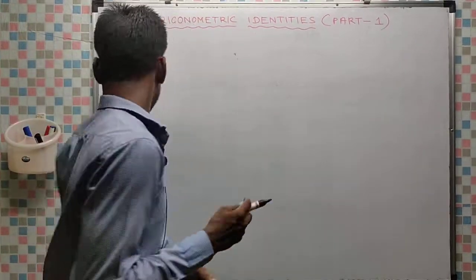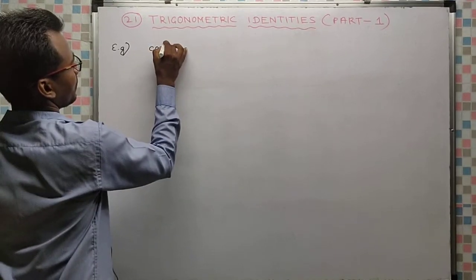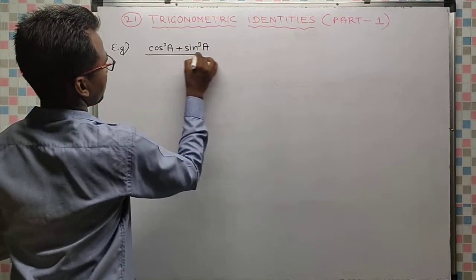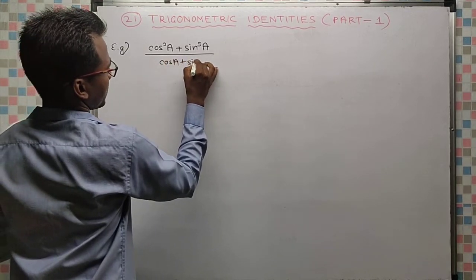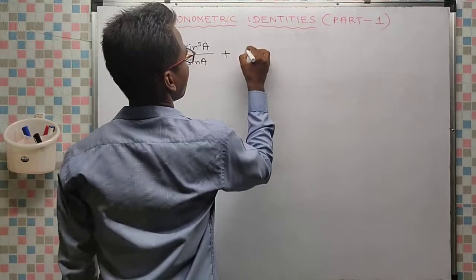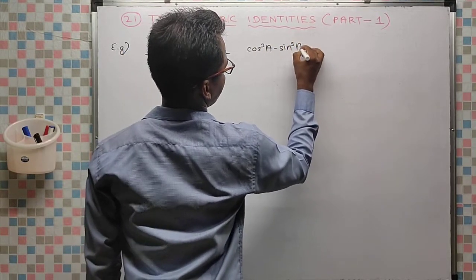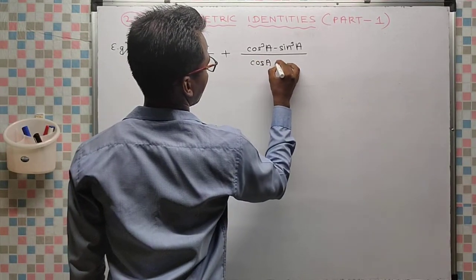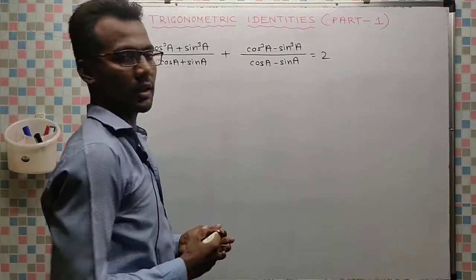Next example, we have to prove (cos³A + sin³A)/(cos A + sin A) + (cos³A − sin³A)/(cos A − sin A) is 2.